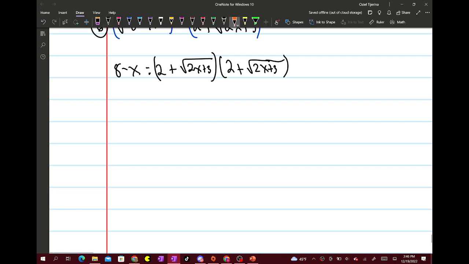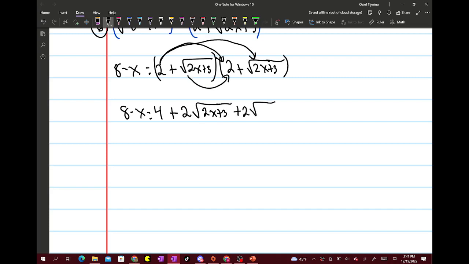So this would be 8 minus x is equal to 4 plus 2 square root of 2x plus 3, and then plus 2 square root of 2x plus 3, and then plus the square root of 2x plus 3 squared.